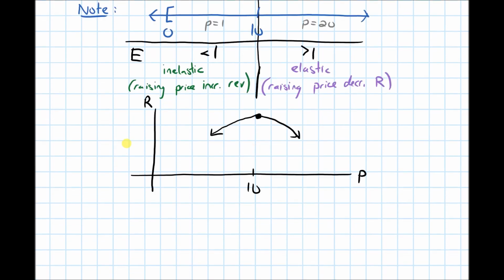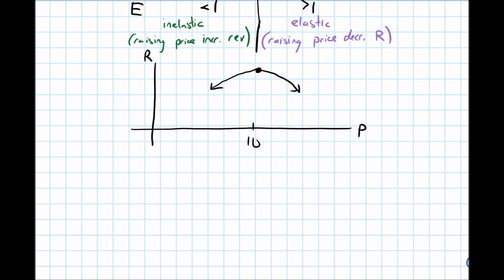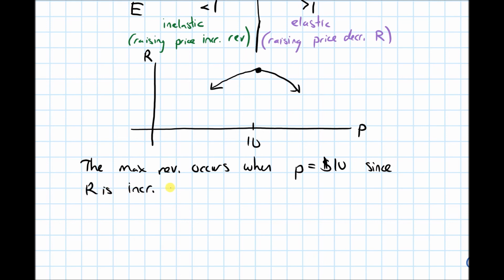All right, so we can say that the max revenue occurs when the price is $10, since, based off the graph, revenue is increasing. I have to justify why in words. Revenue is increasing for all values of P that are less than 10, and it's decreasing for all values of P that are greater than 10.